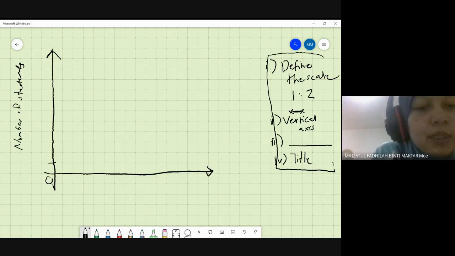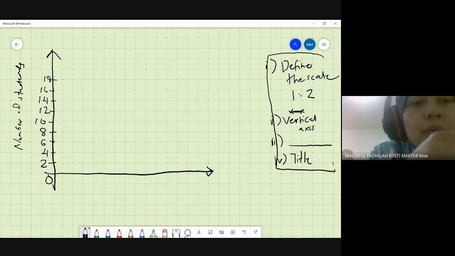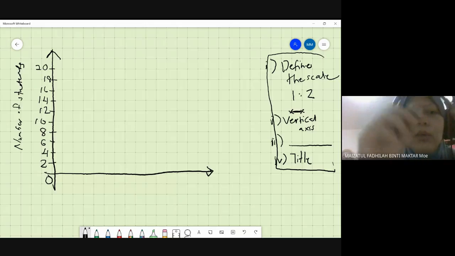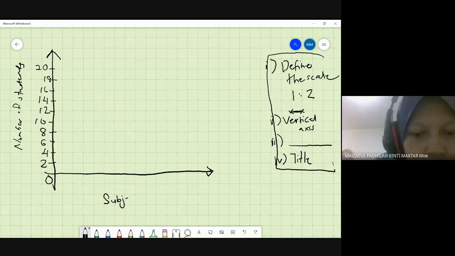We start from 0, 2, 4, 6, 8, 10, 12, 14, 16. What if you want to go to 20? It's okay because this one is already drawn longer. Then below, for the horizontal line, put the main topic: subject.